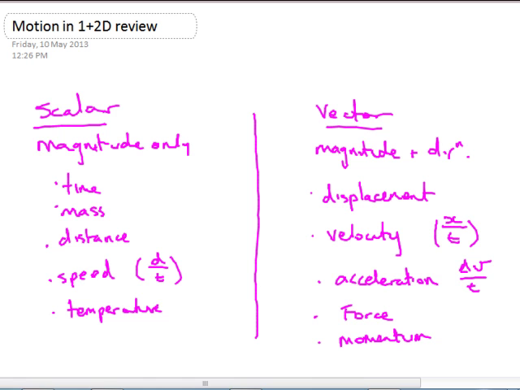Where does energy fall? Scalar or vector? Scalar is correct, yep. So you've got energy. However, what we notice is when we calculate energy, it's actually got vector quantities in it. So think about elastic potential energy, for example. You've got force times the displacement of the spring.